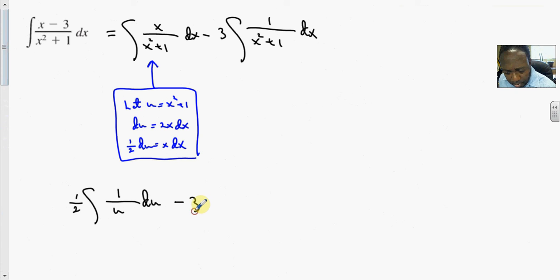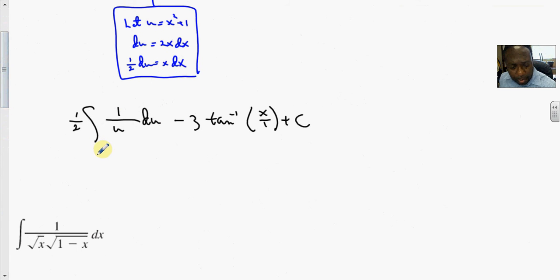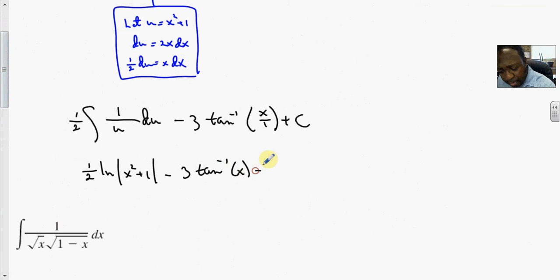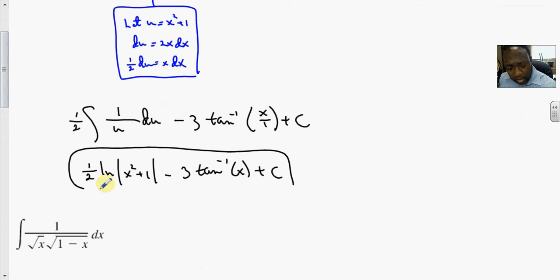This is minus 3 times tan inverse here of x divided by 1 plus a constant. You can clean all this up. This is 1/2 times the natural log of the absolute value of x squared plus 1, minus 3 times the tan inverse of x plus some constant.